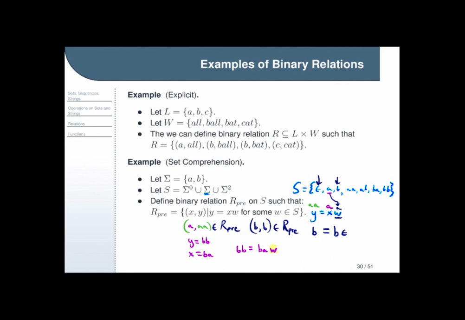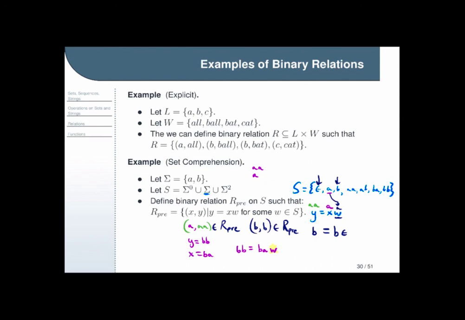If my y is AA and my x starts with a B, there's nothing I can add to it that's going to make it the same as that y. Whereas if it starts with an A, then I can definitely find another A, or at least I have a chance. I have to make sure it's in S, but I have a chance. So what this R pre relation is saying is that the string x is a prefix of y, and that's why we named it that way.